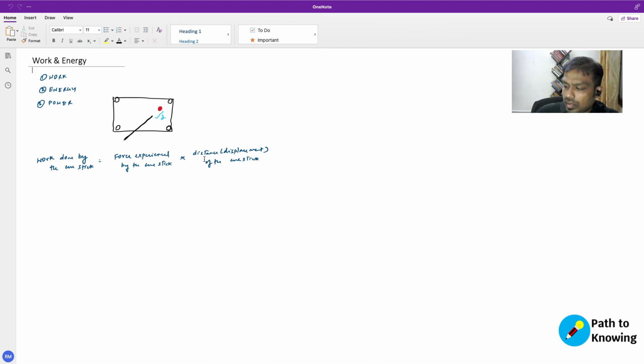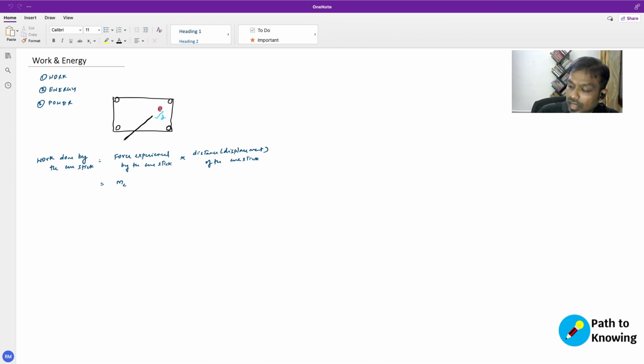So if you were to expand this, the force experienced by the Q stick is nothing but the mass of the Q stick, let's call it mc, times the acceleration. Because the Q stick was at rest, and then when you pushed it, it moved. It acquired a certain velocity, from an initial velocity of 0 to a certain velocity before hitting the ball.